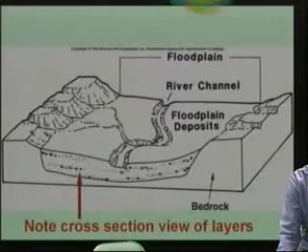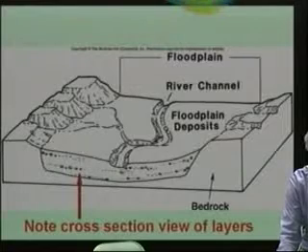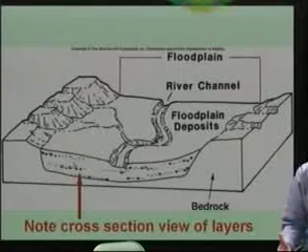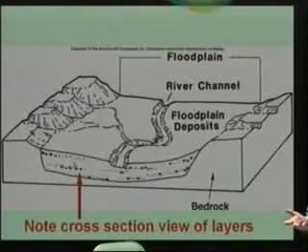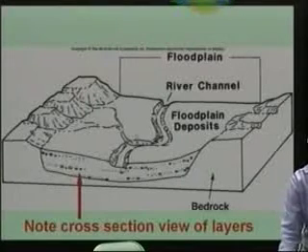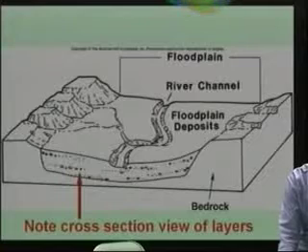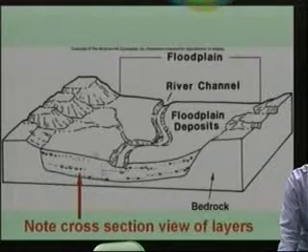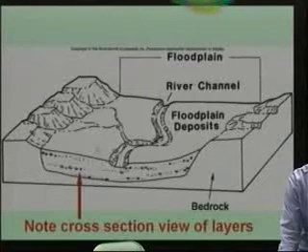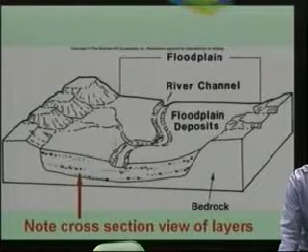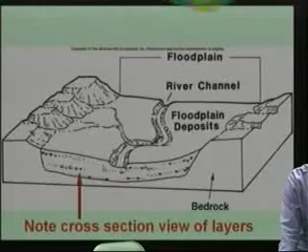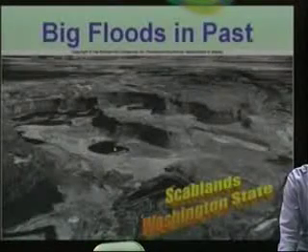Another thing to be concerned about is the cross-sectional view of the layers, where the gravels are, where the sands are, where the silts are. As we drill wells into those alluvial deposits, the unconsolidated sands and gravels, and try to pull water out of them, and how that affects it, or where you might get an overpressurized zone to cause something else to happen, as we'll see later on. We looked at it a little bit earlier.